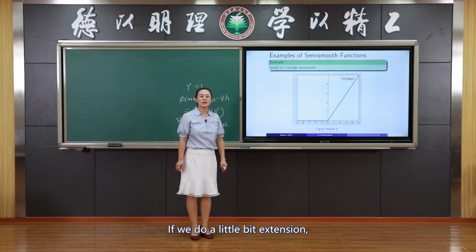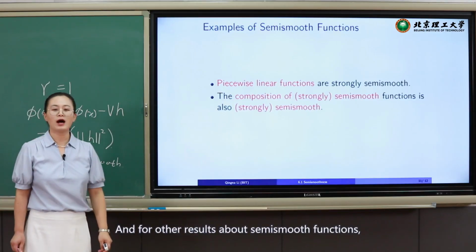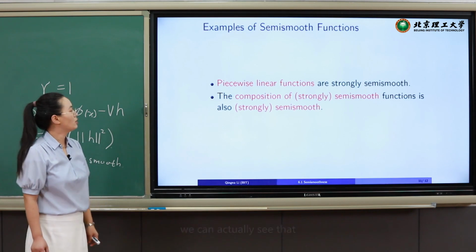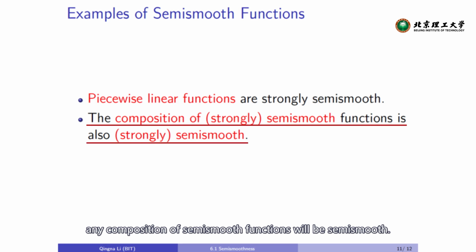With a little extension, any piecewise linear function is strongly semi-smooth. This is one result. For other results about semi-smooth functions, any composition of semi-smooth functions will be semi-smooth, and any composition of strongly semi-smooth functions will also be strongly semi-smooth.